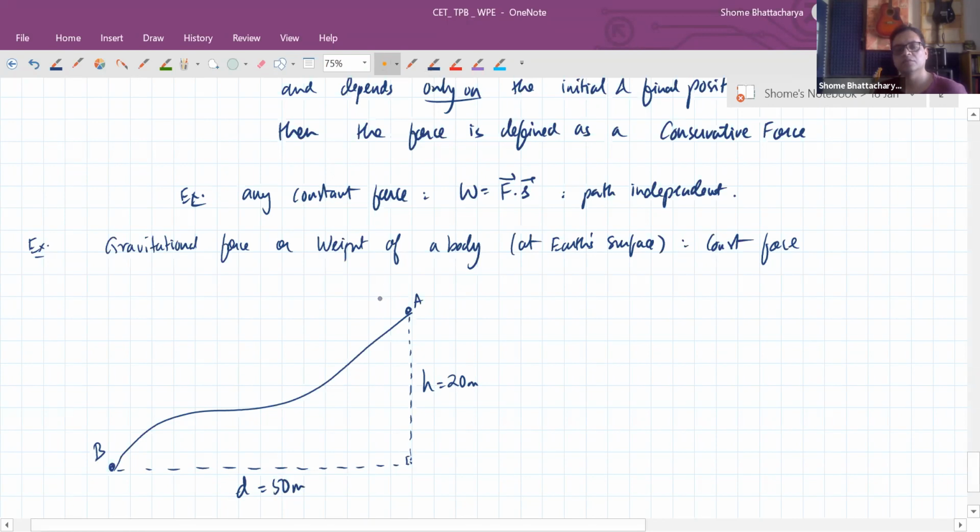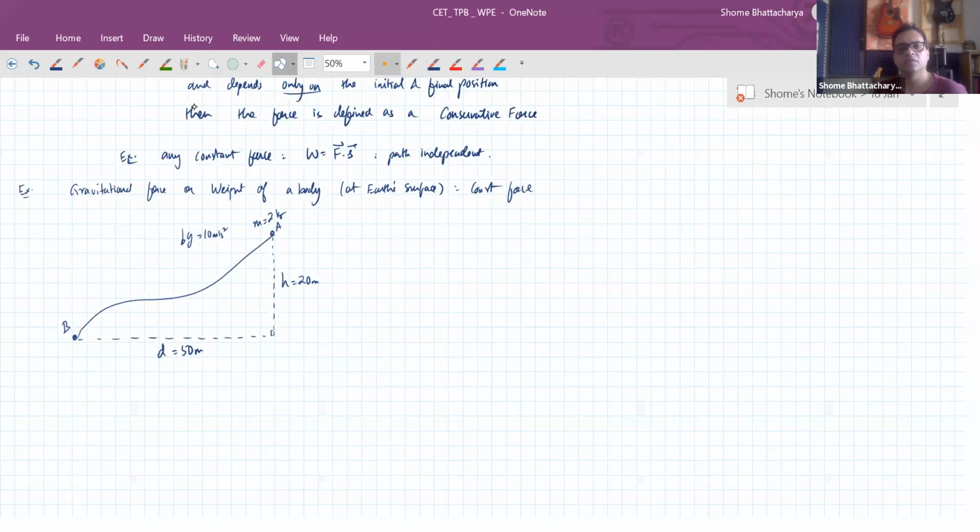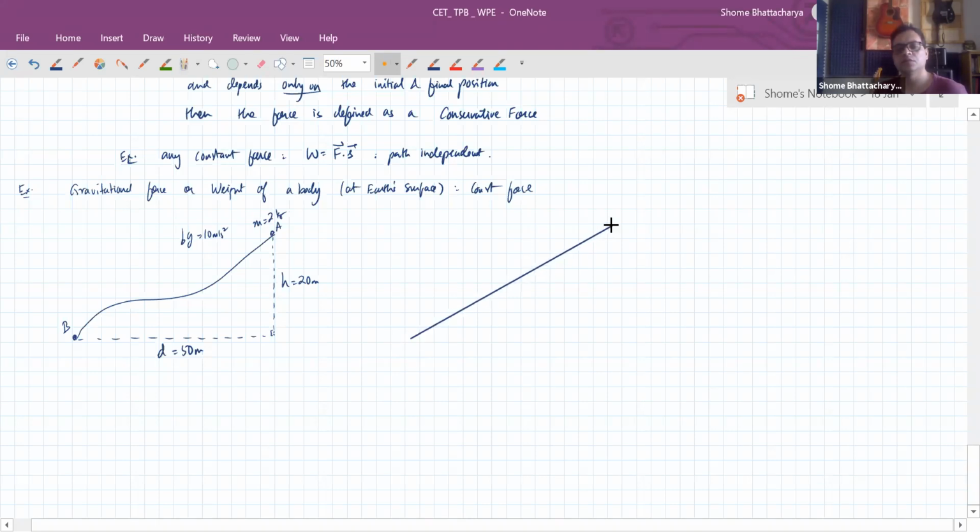We have this situation on the one hand, and on the other hand, we have a situation where we have a different path, but between the same initial position A and the final position B.